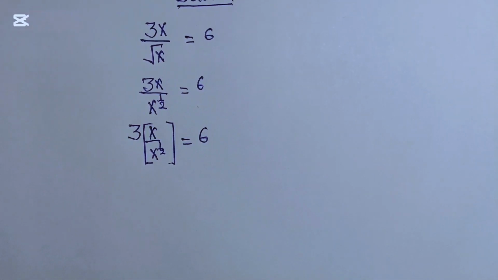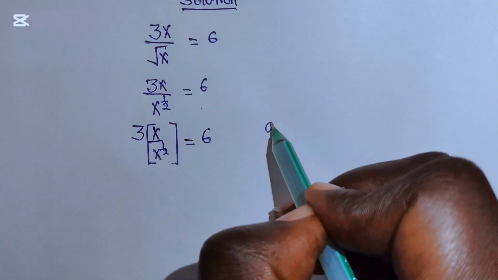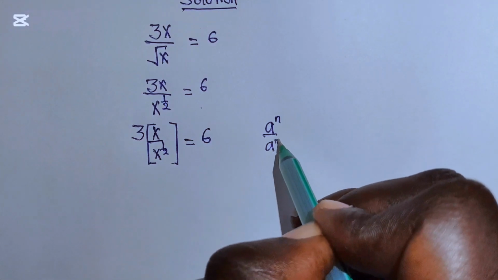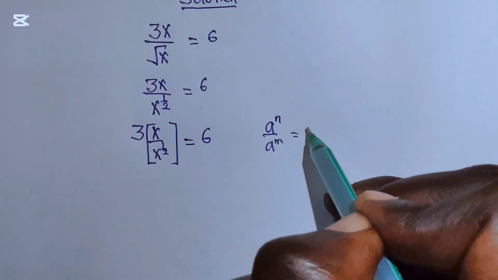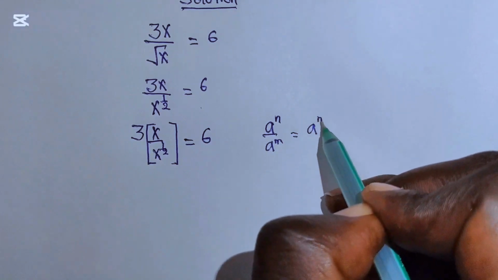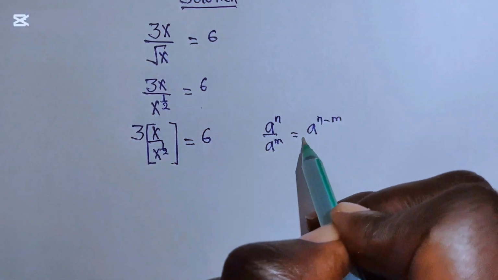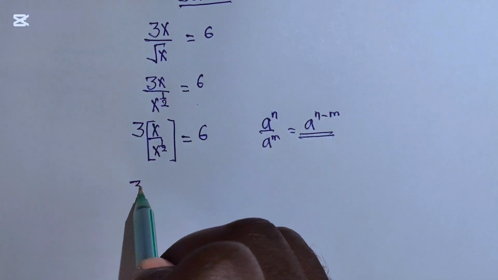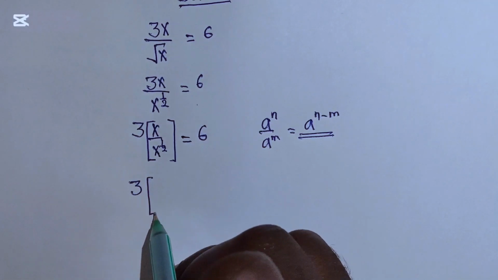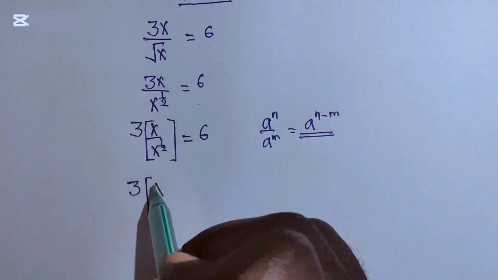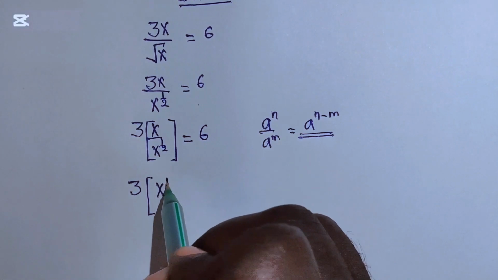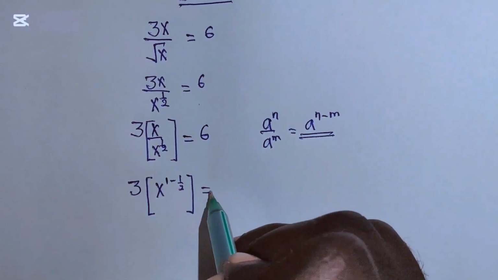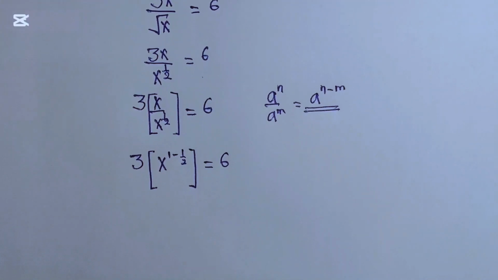We know the rule of indices, which says that a to the power of n over a to the power of m is equal to a to the power of n minus m. This is what I'm going to apply here, so that we have 3 times x to the power of 1 minus 1/2, which equals 6.